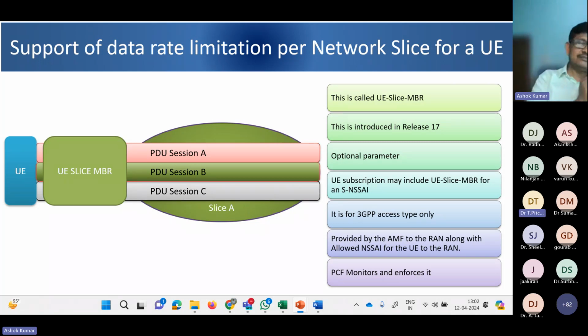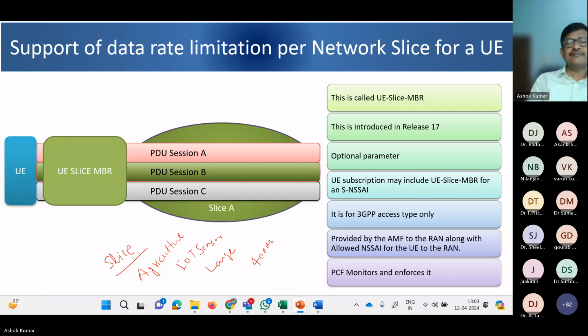Let me make one thing clear: how frequency comes into the picture. Suppose I want to have a slice for agriculture, where I have a lot of IoT sensors installed in the agricultural field, right? Since agricultural fields are large and geographically distributed, I need very deep coverage, and deep coverage I can only achieve on lower frequencies like 400 megahertz, right?